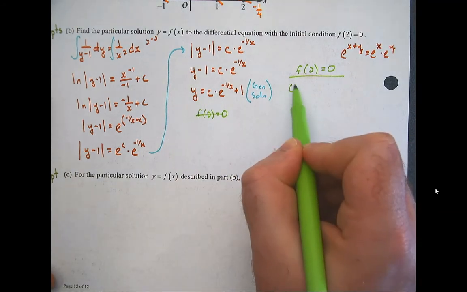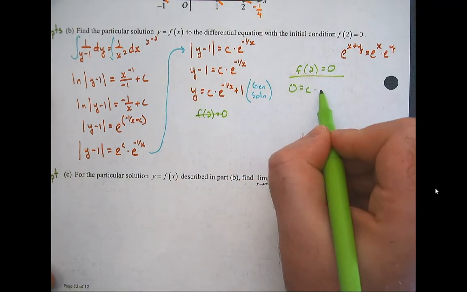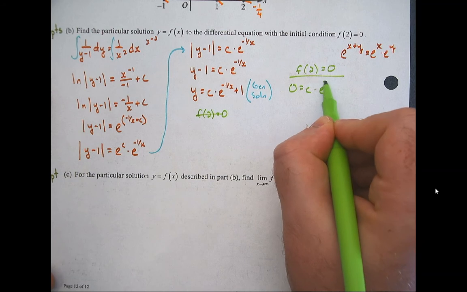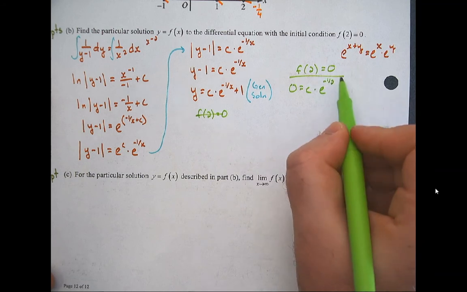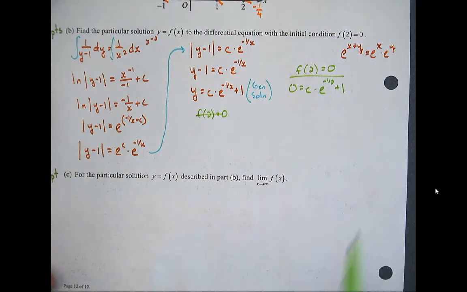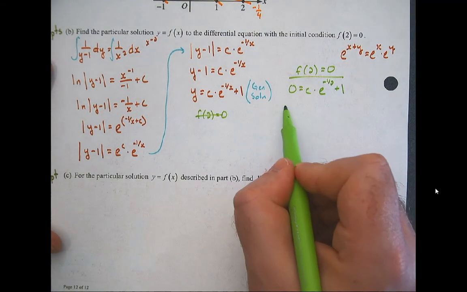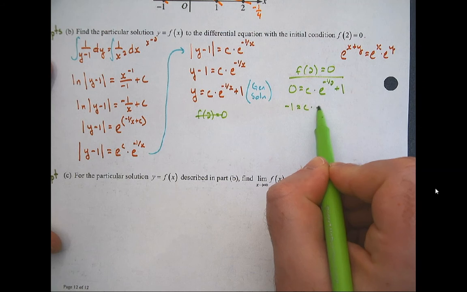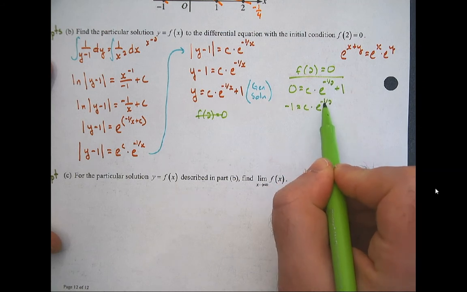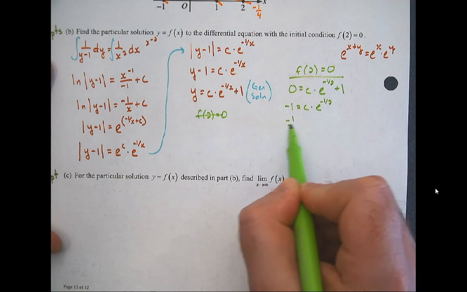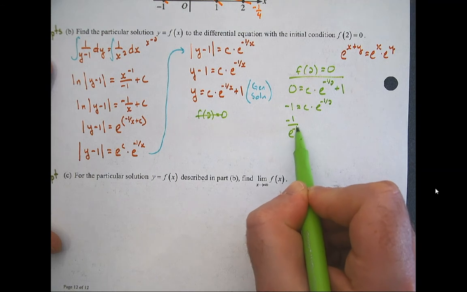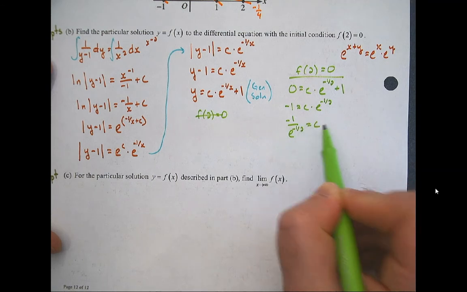That means 0 equals c times e to the negative 1/2 plus 1. So I'm going to bump over the 1. So that's negative 1 equals c times e to the negative 1/2. Then I'm going to divide. So I get negative 1 over e to the negative 1/2 is equal to c.